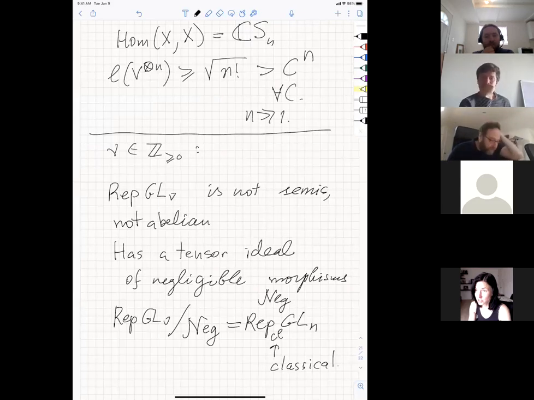This is very similar to what you do when you construct, for example, modular tensor categories in, let's say, Wess-Zumino-Witten conformal field theory. If you want to construct them from a quantum group, you start with the quantum group at roots of unity. You have many representations, you tensor them in a certain way and so on. But then there are some morphisms which are negligible and objects which are negligible, so they have dimension 0.